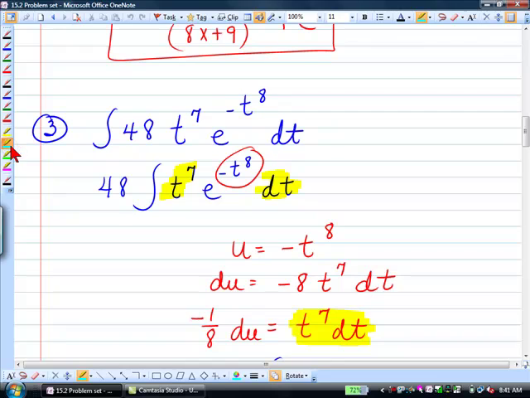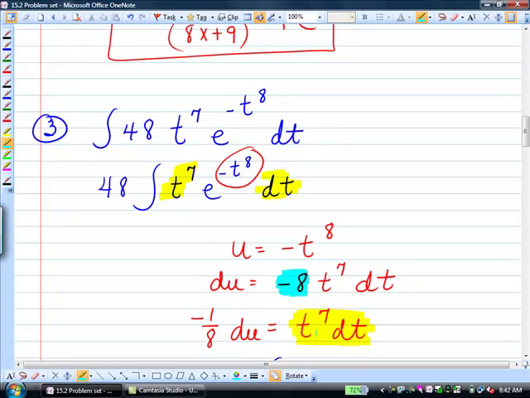This is the first one we've had that didn't work out perfectly. And so this guy right here, we have to do something with. This right-hand side has to take care of these up here. So divide by that negative 8, and you get negative 1/8 du equals that. So now the yellow parts match.